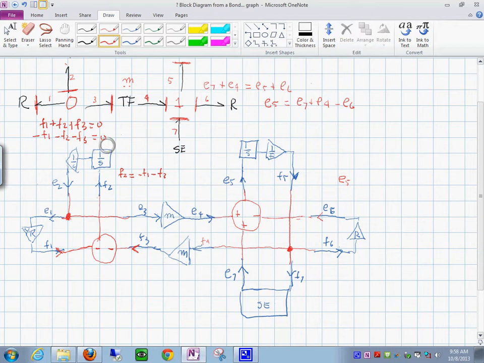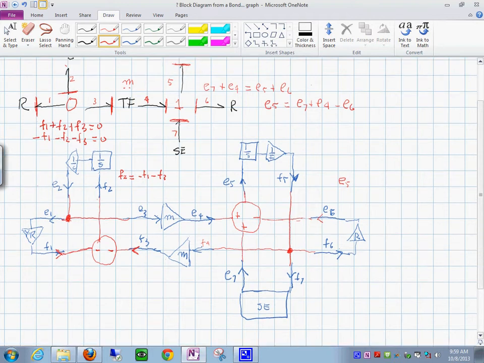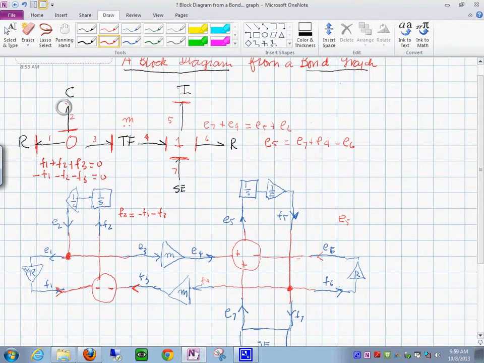I think we would be ready to go into Simulink to do this, and that is something that we should think about, how that is done. If you like to see that, I'll be happy to show you that. But the most important thing, and what we wanted to get across in this short video, is how do you actually go from a bond graph model that you have in here to this block diagram.